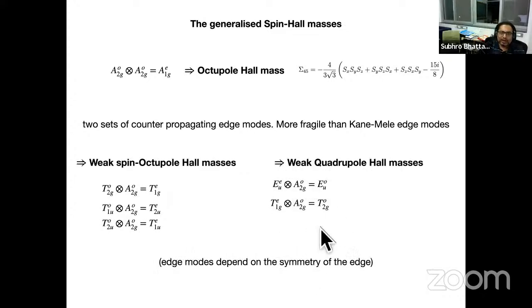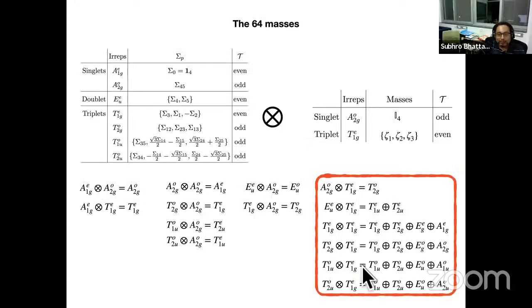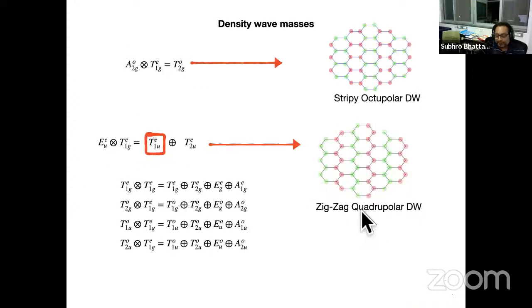One can think about other Hall masses, but let me quickly point out the third class of mass, and in fact one interesting case. In the third class of mass, you get these density wave masses, like the stripy octopolar density wave order and various zigzag octopolar orders.